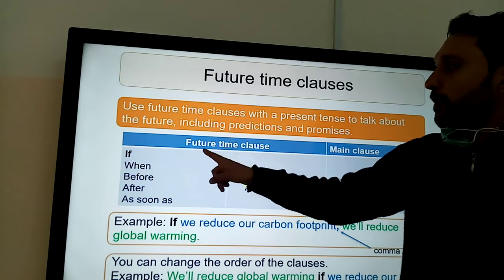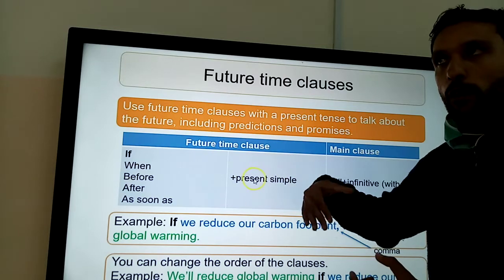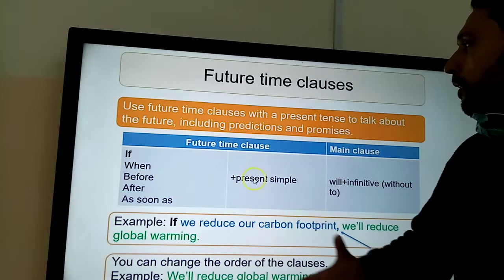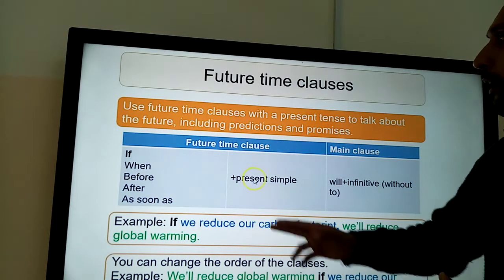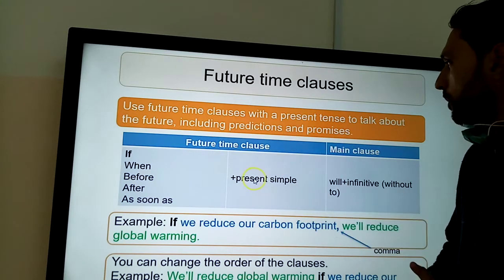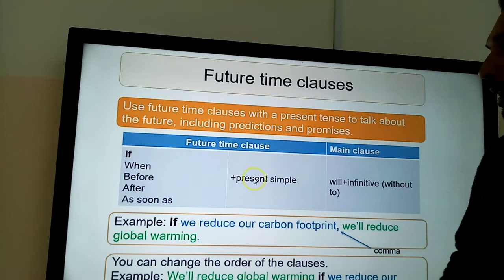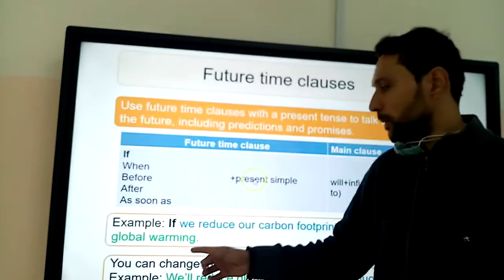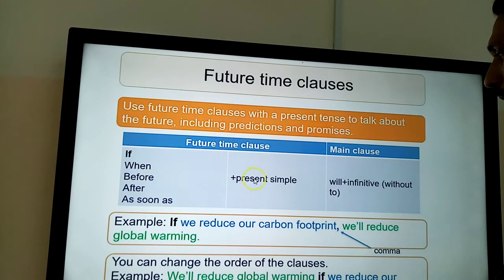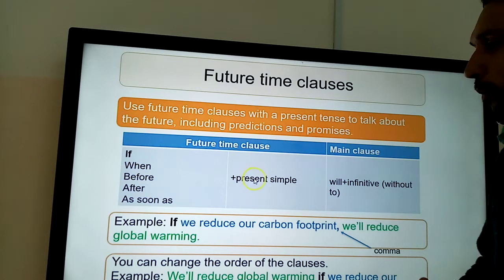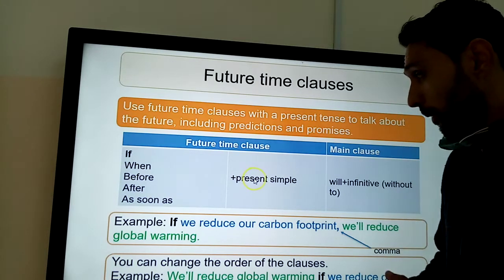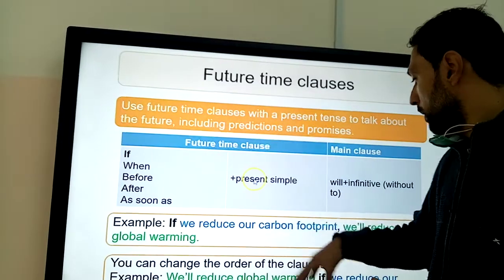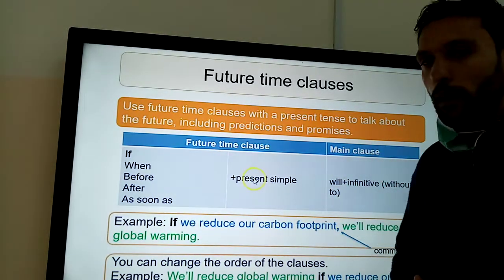We use it for predictions, something you guess will happen, including predictions and promises. As in the example, if we reduce our carbon footprint, we will reduce global warming. If this thing happens, then another thing will happen.